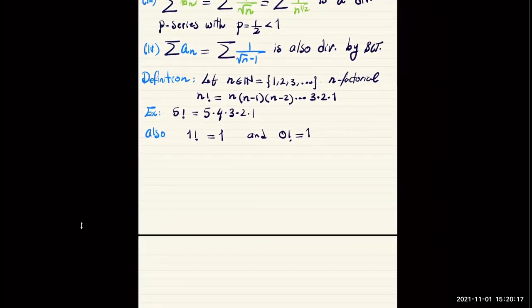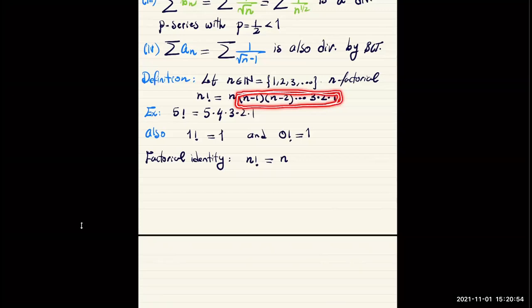Here is a factorial identity that we're going to use a lot. Guys, we're going to be using factorials a lot. This is going to start showing up in the next section. So factorial identity says that n factorial is basically n, okay, then you have n minus 1, n minus 2, and so on.